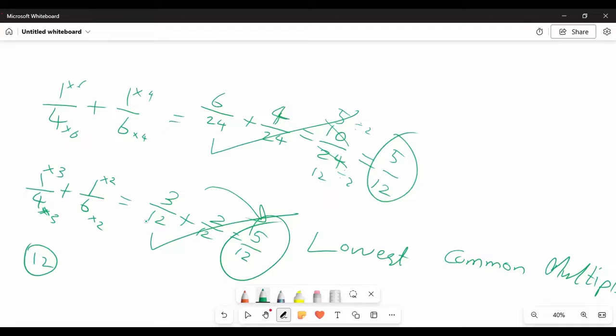It's not compulsory, but as grade 10, 11 students, you always have to give your answers in the simplest form. So if you add these two fractions, you're going to get 10 over 24, and this is simplifiable. If you simplify, you will end up with the answer 5 over 12. That's it.